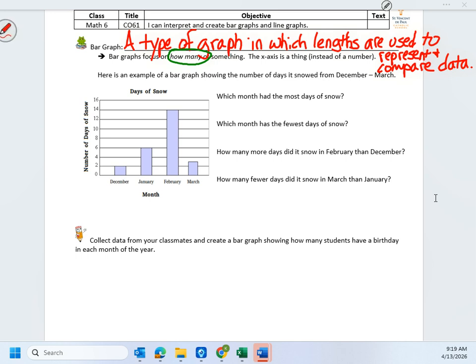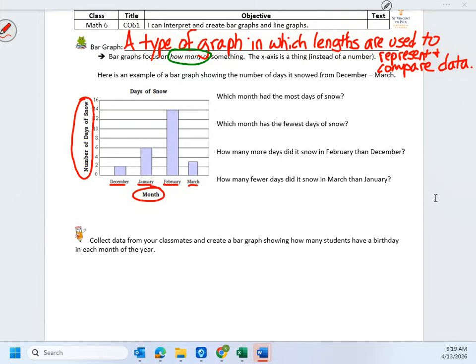All right, so here's an example of a bar graph showing the number of days it snowed from December to March. So think about all those details I always make us have on our bar graphs. We don't just have our month names, we have to have that title. These words are the months. We don't just have numbers going up the side, we have that label, number of days of snow.